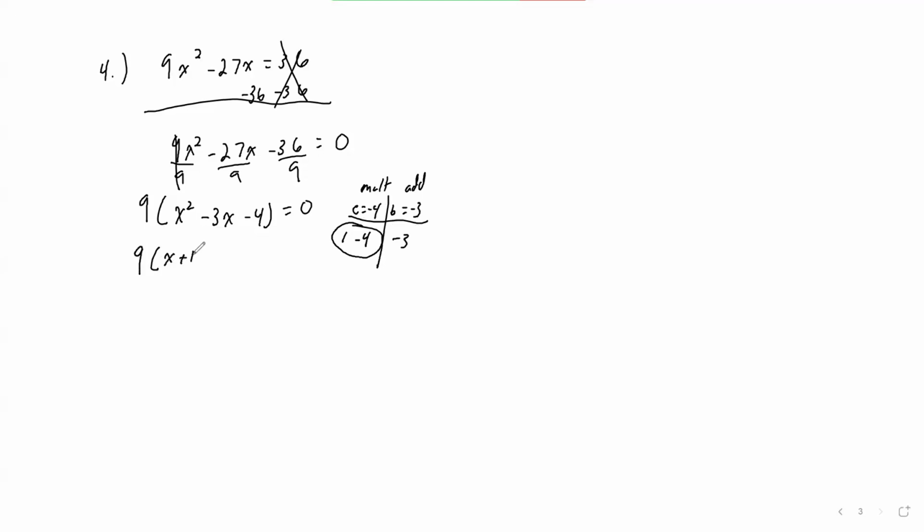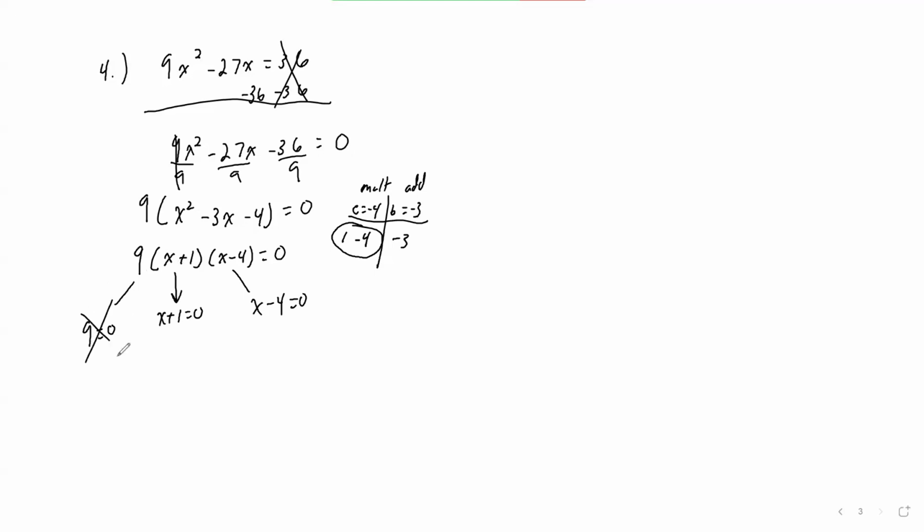So then I get 9 times x plus 1, x minus 4 equals 0. And so now I'm ready to set all my factors equal to 0, including the greatest common factor. So I get 9 equals 0, x plus 1 equals 0, and x minus 4 equals 0. Now in this situation, 9 does not equal 0, so I can discard that.